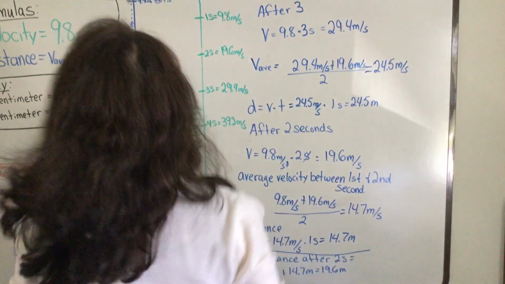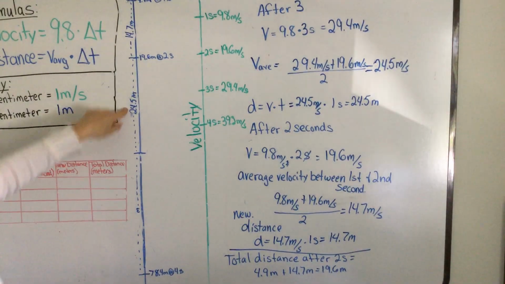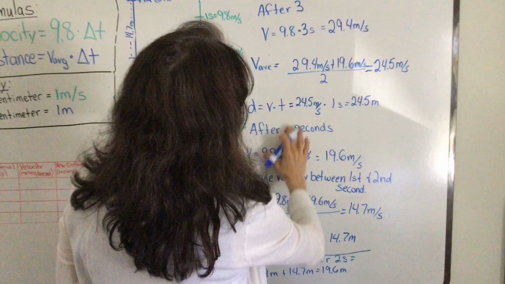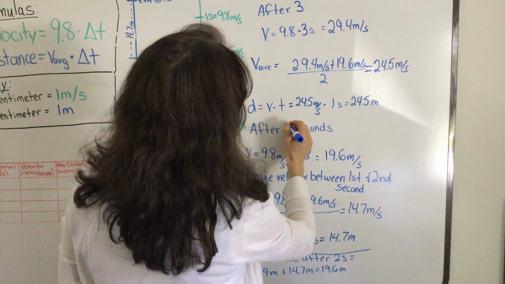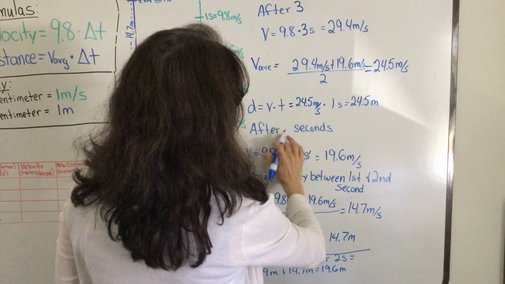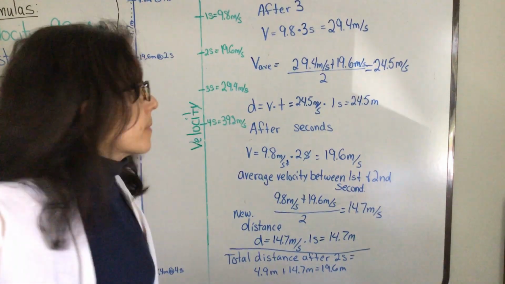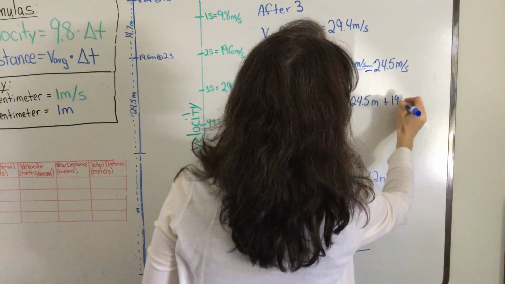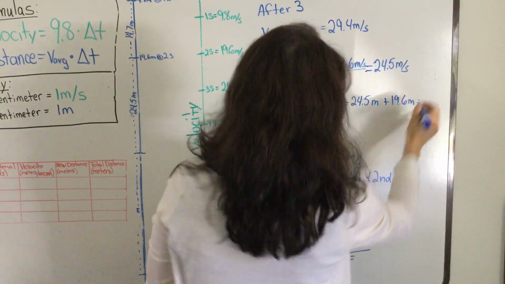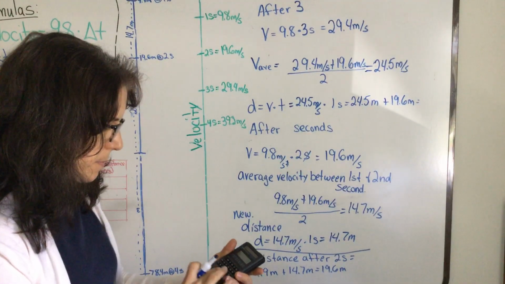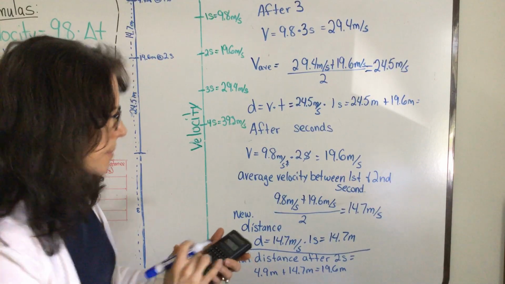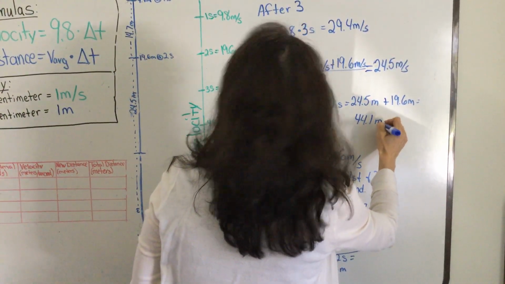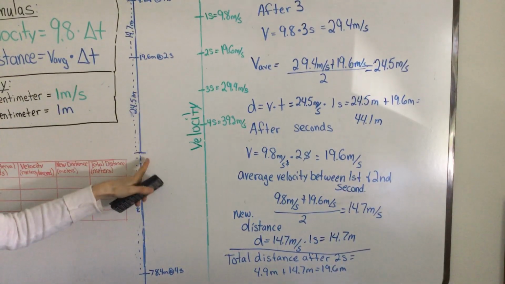Now if I add 24.5 meters to 19.6 meters after 3 seconds, I'm going to get 44.1 meters. So I'm going to write that here.